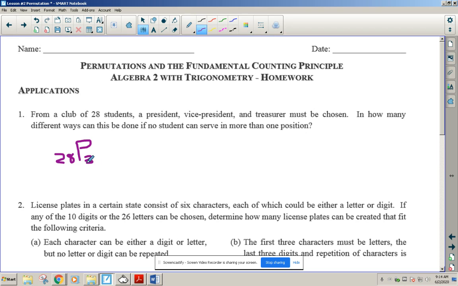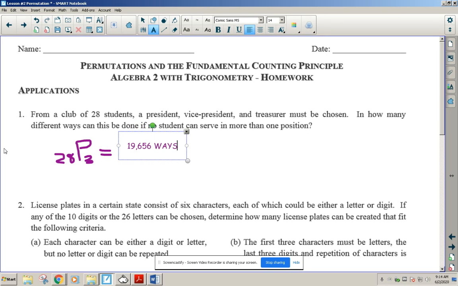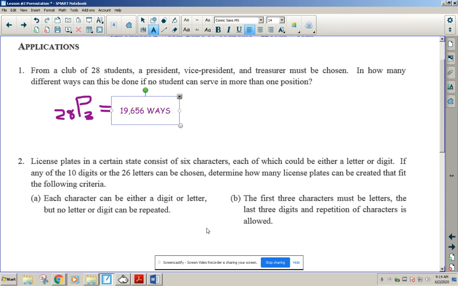Type that in, and hopefully you will get exactly what I got, which will be 19,656 ways. That's a lot of ways. But there were 28 people, 28P3. And that's if everybody had an equal chance of being chosen.